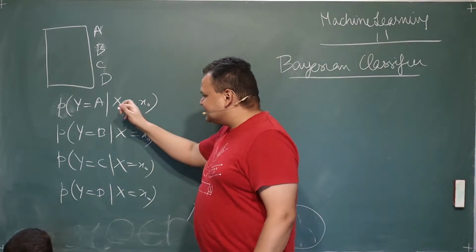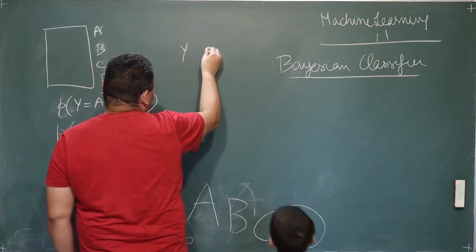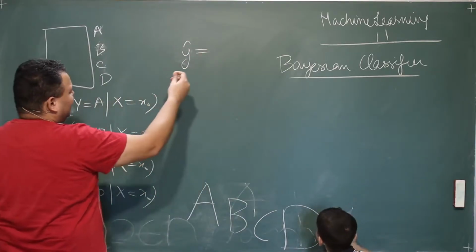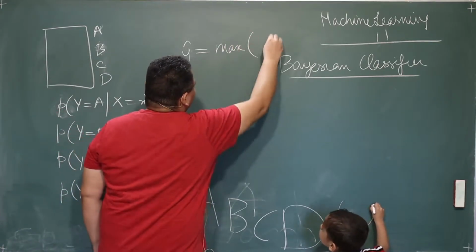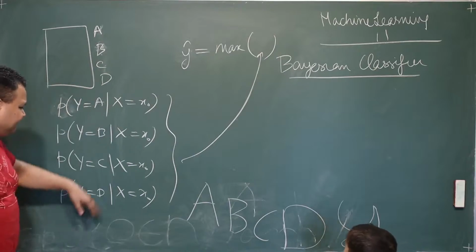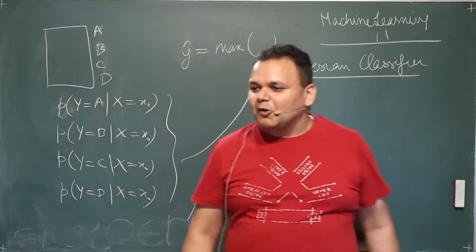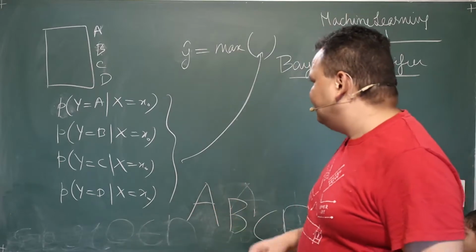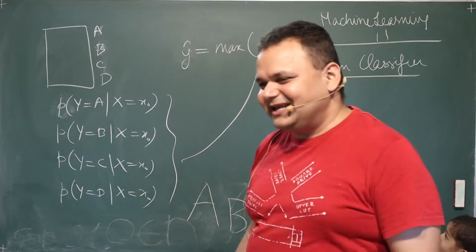If the predicted value of y is assigned to be whichever value has the maximum of these 4 probabilities, that becomes your predicted output. If you do that, you will get the best possible outcome. Your error rate will be minimum. That is what the Bayes classifier, or Bayesian theory, primarily is.